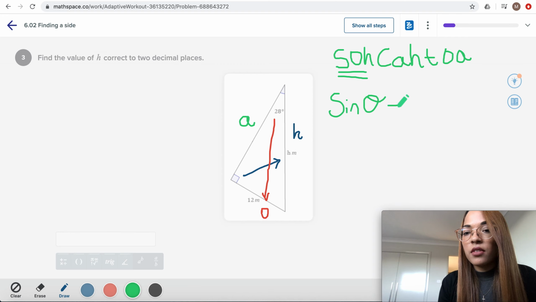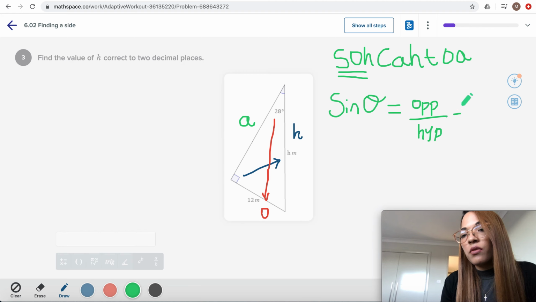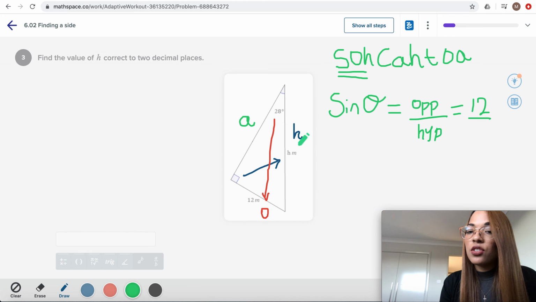Sine theta equals opposite over the hypotenuse. Now, what is the opposite side? It's 12 meters divided by h.